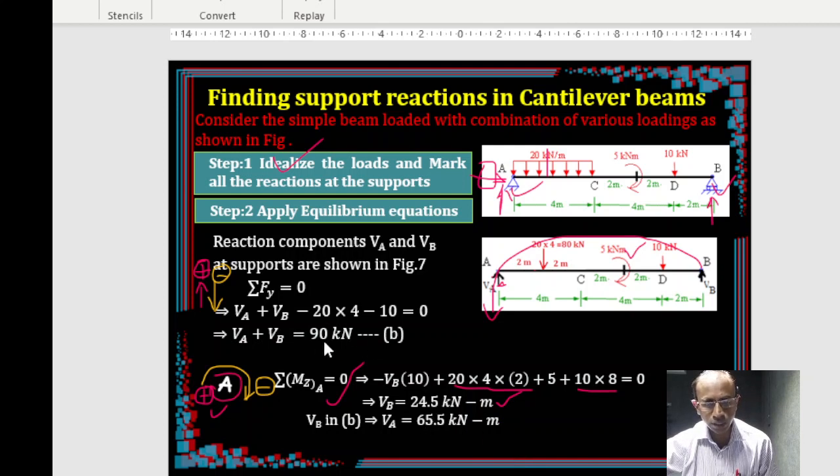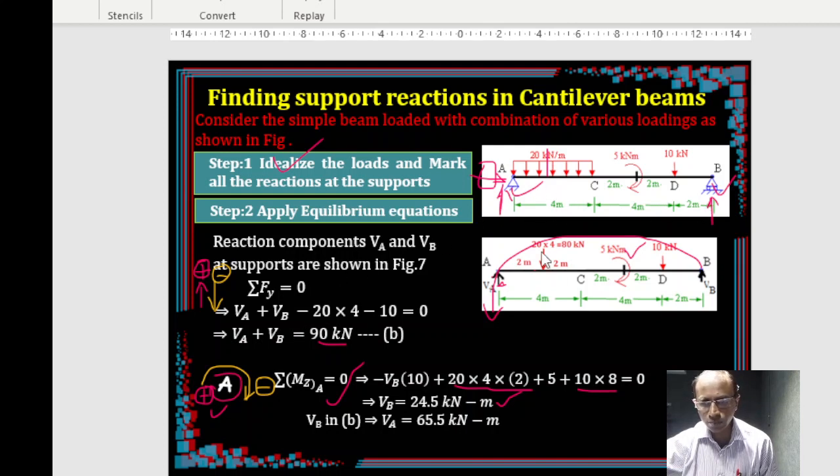Put this value in the first equation. Apply that equation, sigma Fy equal to 0, which means here also when you are applying, take one direction positive, say upwards positive, downwards negative, or vice versa. You can take downwards positive, upwards negative. So when you apply that, upward reactions here are VA and VB, so you would put those positive.